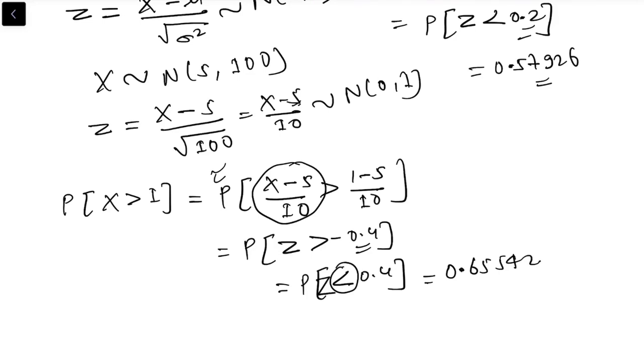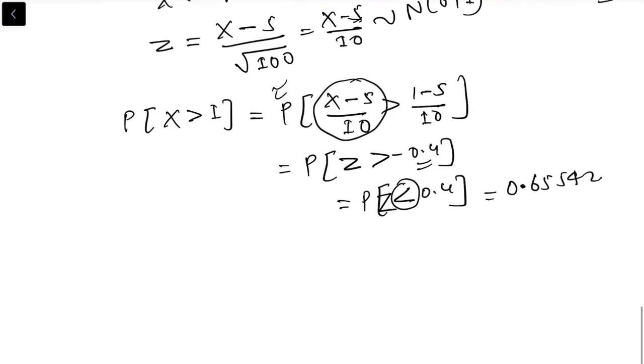All right, so this is how you can calculate the probabilities of normal and standard normal. Now there is one more normal distribution, that is log normal. So let's look at that. So log normal distribution.